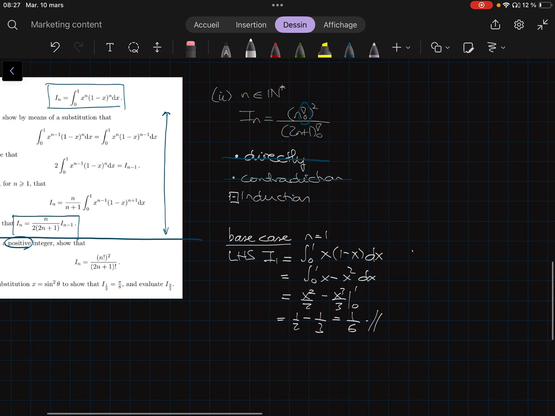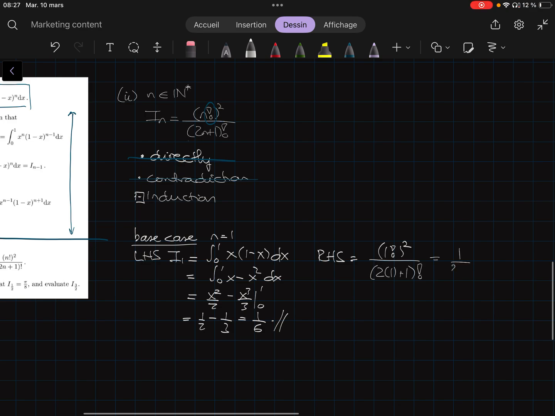On the right-hand side, we would get 1 factorial squared divided by (2 times 1 plus 1) factorial. So 1 divided by 3 factorial, or 1 by 6. The two answers are the same, therefore, base case is true.